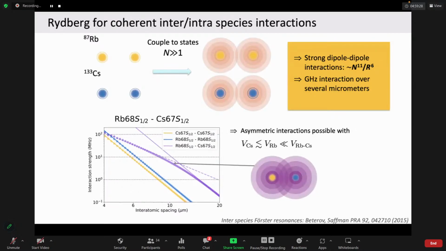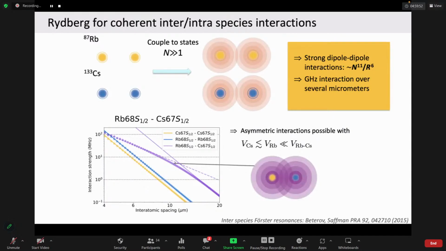These strongly interacting pair states happen at so-called Förster resonances, where this 1/r⁶ dependence that is typical for Rydberg van der Waals interaction changes into a 1/r⁴ dependence, at least at shorter length scales, and then to 1/r⁶. So it gives you a strongly enhanced interaction.